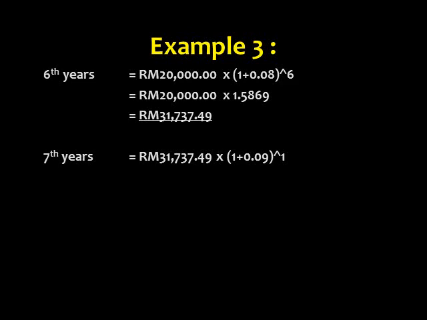Why 0.09? Because the rate of return increased by 1%, which is equal to 9%. So just carry forward the amount of money that you have, and you will get 34,593 ringgit. So this is the answer.